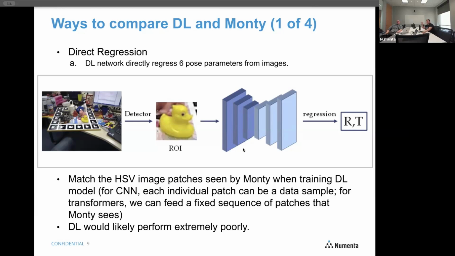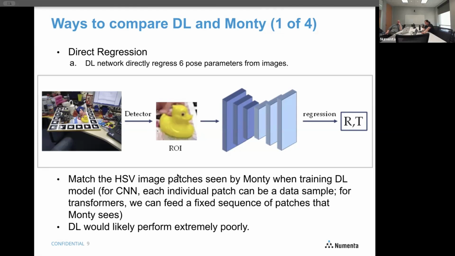We just let the black box learn a function from the RGBD to the 6 parameters. How might they be compared to Monty? This is just a thought, but maybe when we're exploring with Monty, we sense color in terms of HSV, and we may be able to extract that and feed it into the deep learning models to train.